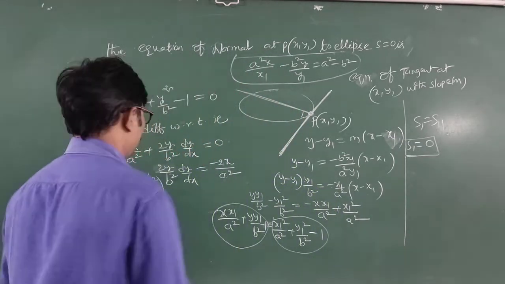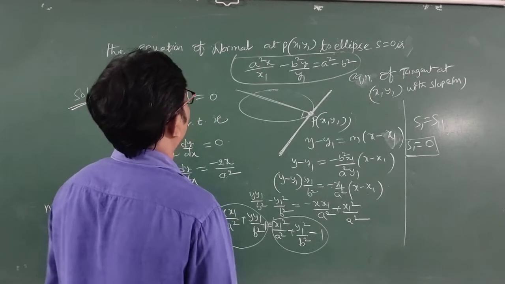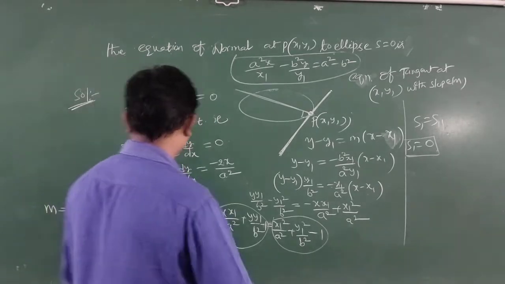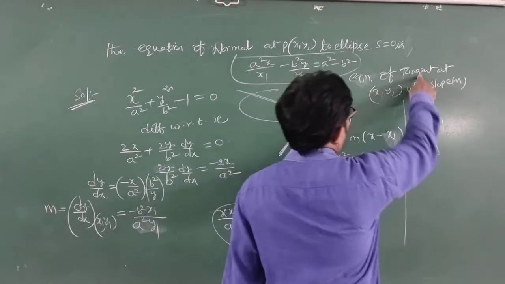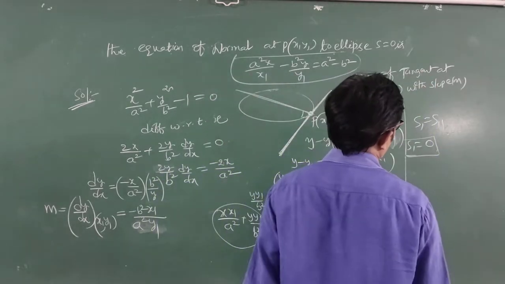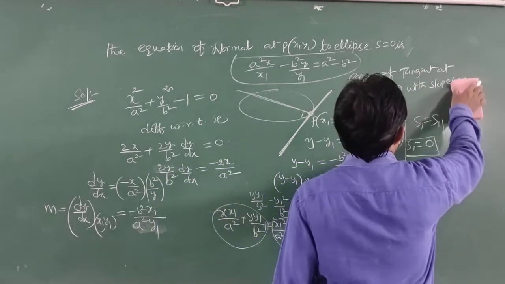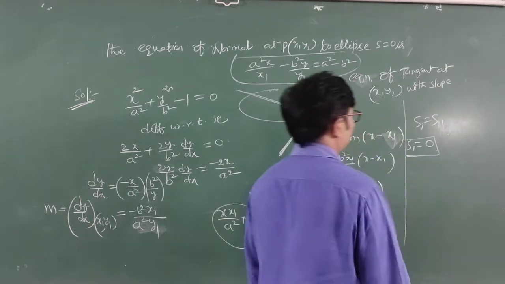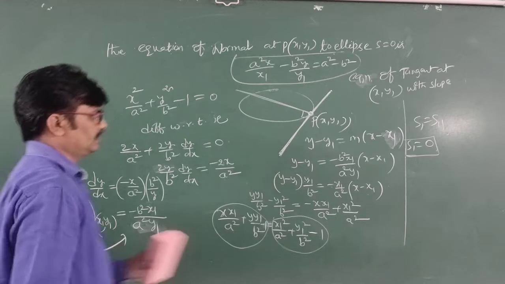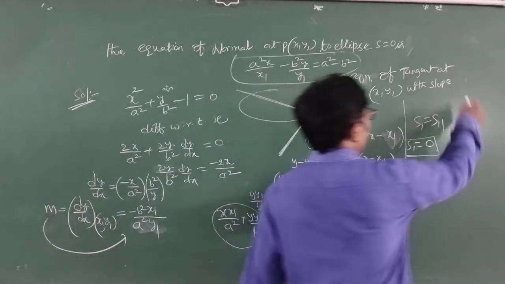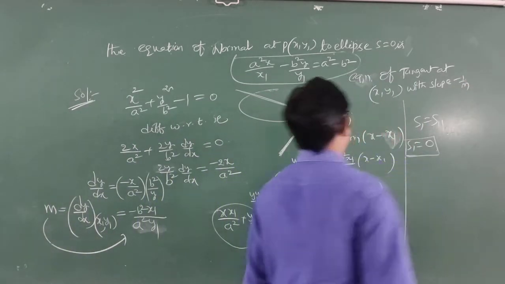So dear students, the equation of the normal at (x1, y1), with m the slope of the tangent, has slope of the normal equal to minus 1 by m.